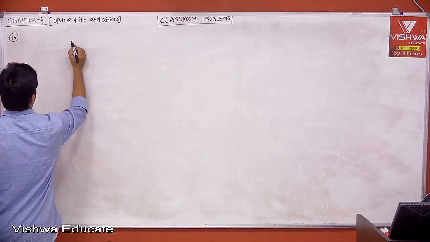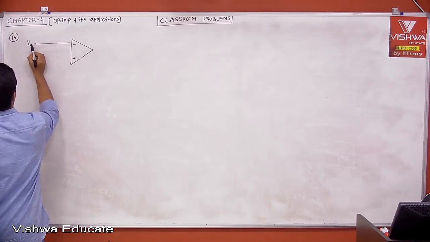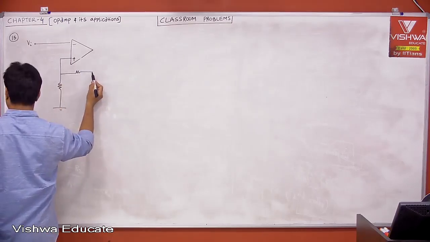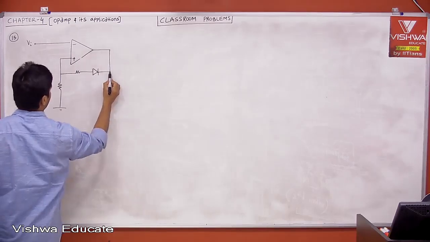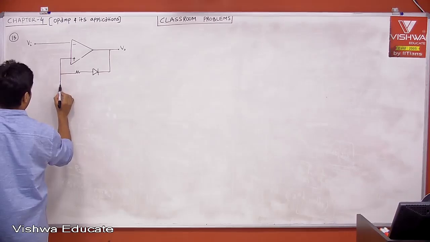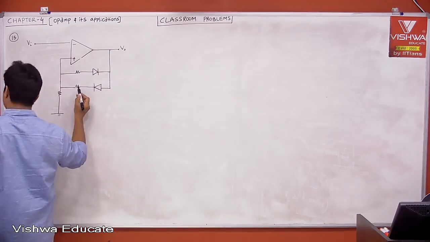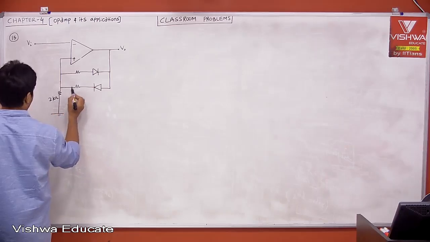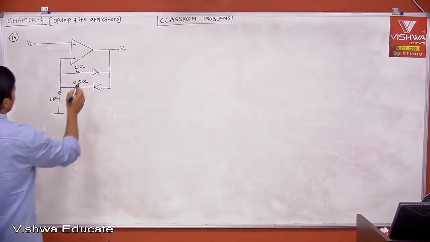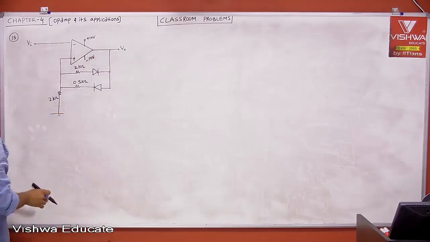Circuit is given: minus, plus, this is VI, and it is given with plus 10 volts and minus 10 volts, and asking for the correct transfer characteristics.